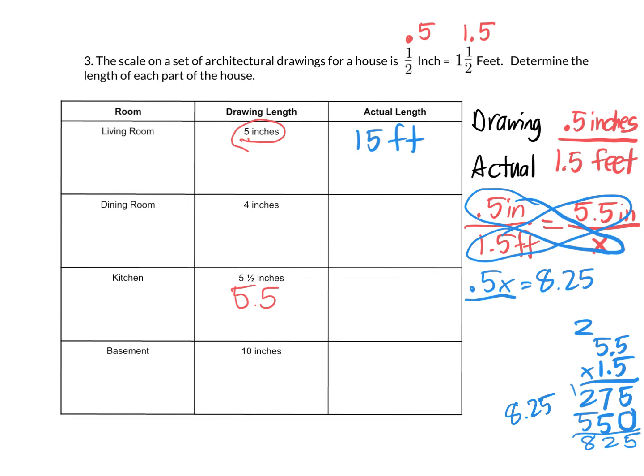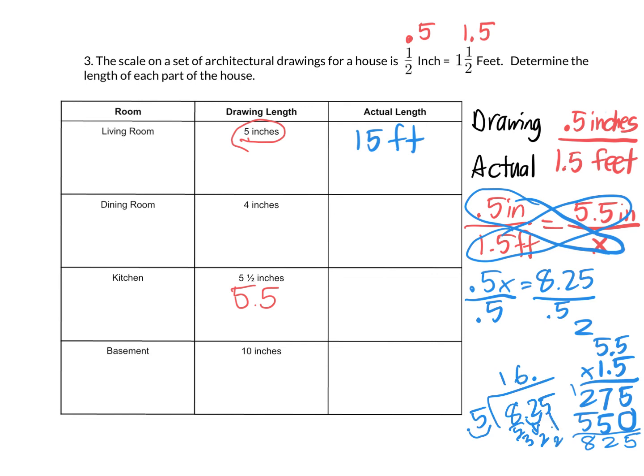So remember to divide by the number that is next to X. So we're going to divide by 0.5. Remember, again, the rule, I can't divide by a decimal. I got to move 1 place, which means this moves 1 place, and I'll put it up here for reference. So it's going to be 132 is 6.